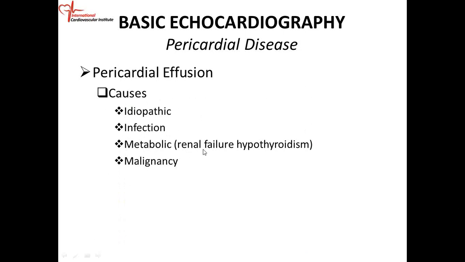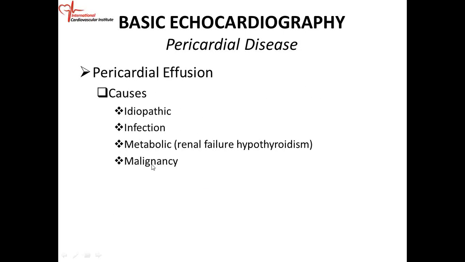Renal failure, especially if the patient has end-stage renal disease and is on hemodialysis, and the hemodialysis is not complete, then one of the things these patients will develop is pericardial effusion. So one way to manage the pericardial effusion is to adequately dialyze the patient.